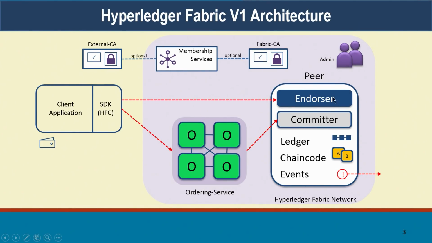Now coming to the peer itself, each peer node can have one or two functions, right? It can serve as an endorser. What the endorser means is that it is going to execute the chaincode. So it has a copy of the chaincode with it. It is going to be responsible for executing the chaincode and signing the output of that chaincode.